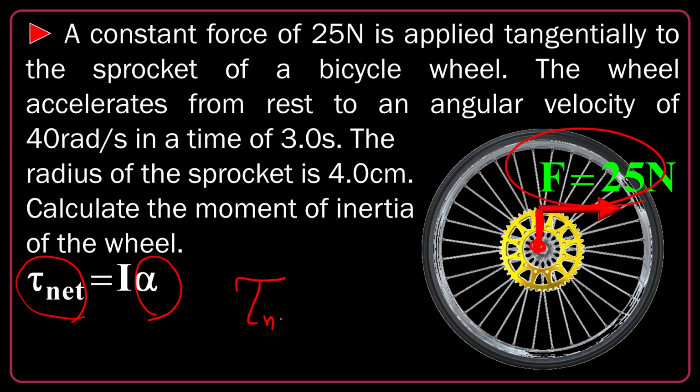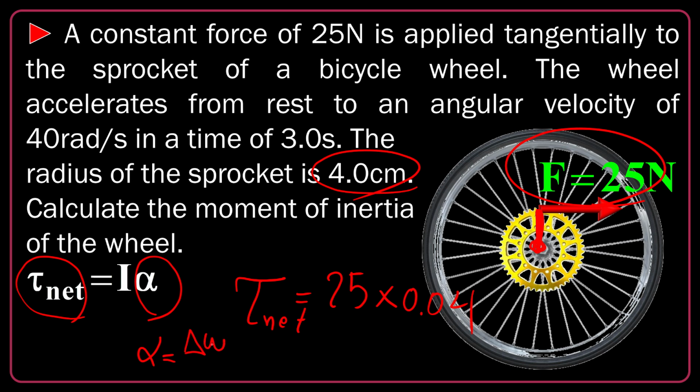Net torque is supposed to be 25 times the distance. Radius, I told you, it's not in SI unit, so it's 0.04, and that's all. Okay, the other is alpha. Alpha is supposed to be delta omega over delta t, omega final minus omega initial divided by the time. Time is also given, 3 seconds.